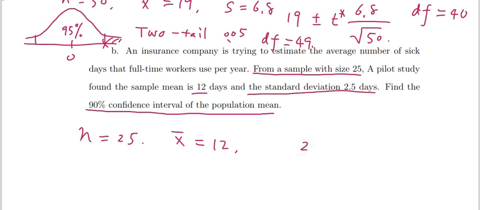So here's the key point: is 2.5 sigma or S? This is S. Judged from the problem itself, it says from the sample we find this. So this problem is quite the same as problem A.